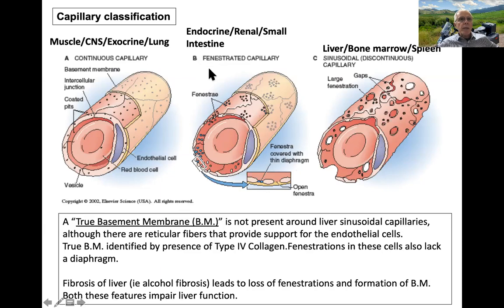The pancreas makes hormones like insulin. Insulin has a molecular weight of about 6,500. Well, now a molecule like that would never be able to just diffuse into a continuous or tight capillary like this.